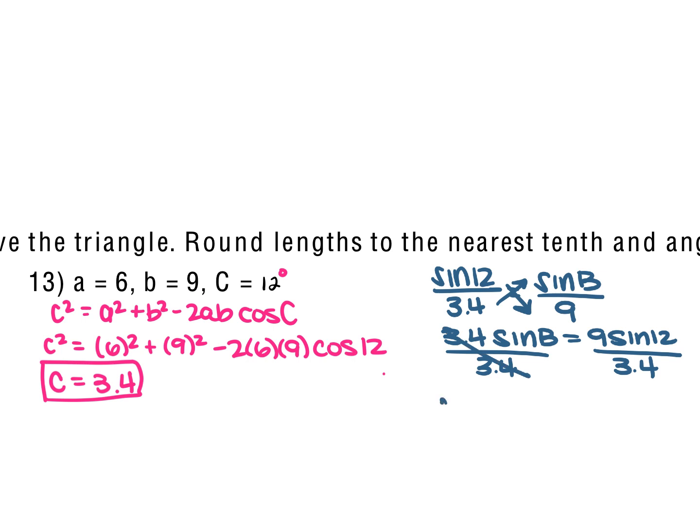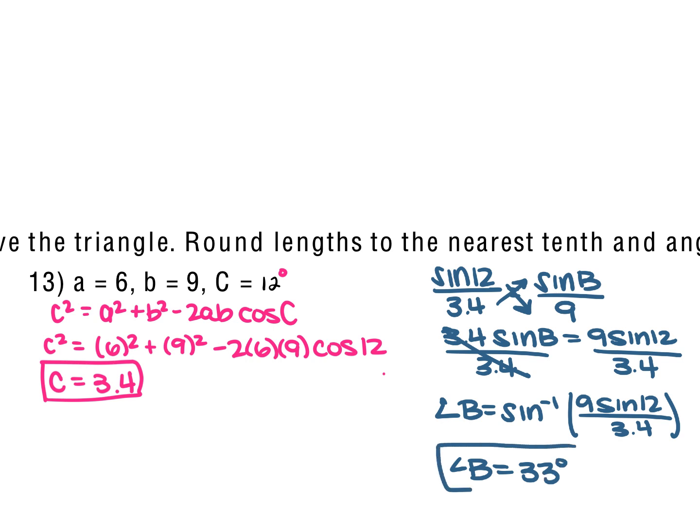You're going to take the inverse sine, so angle B is going to equal the inverse sine of 9 sine 12 over 3.4. Using your calculator, that gives us 33.39. So we're going to say that angle B is 33 degrees.